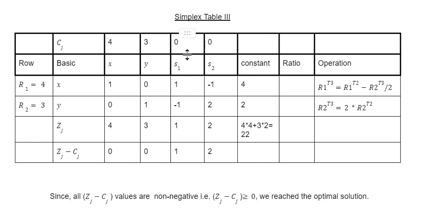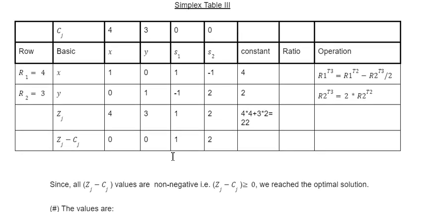In this step, we will get the Zj minus Cj indicator row. All the elements in the indicator row are positive. Since then, we will get the optimal solution.